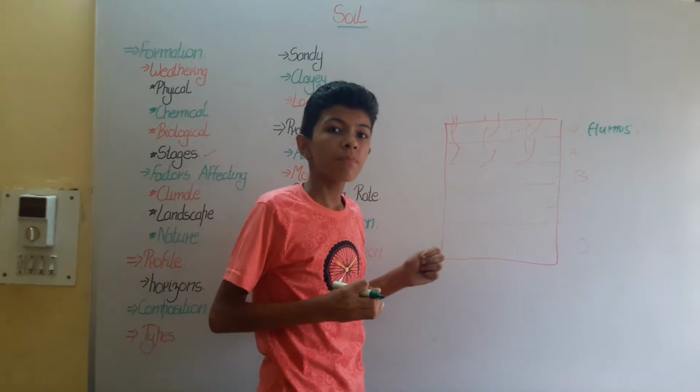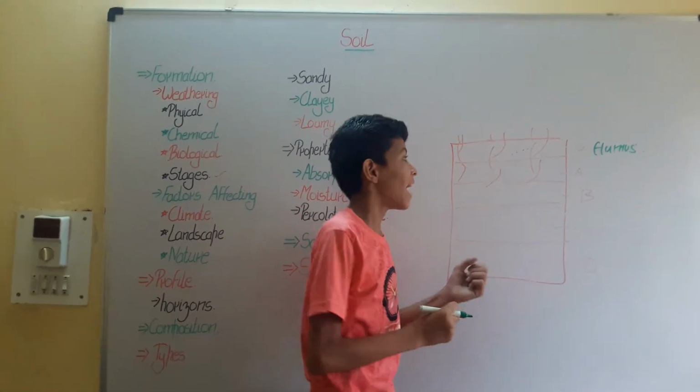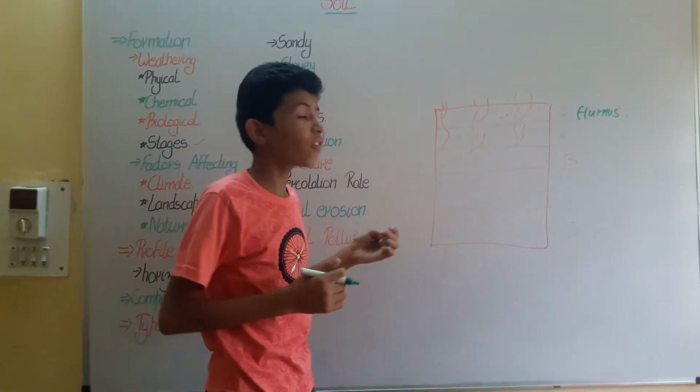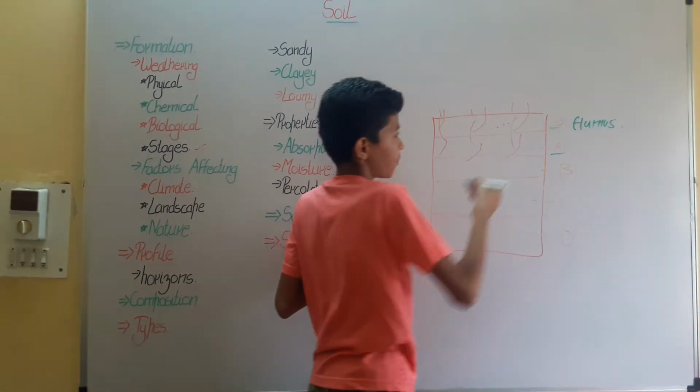This has very good fertility or nutrition, which helps the plants and the animals to live in this region. Most of the air is present in the O horizon and the A horizon.